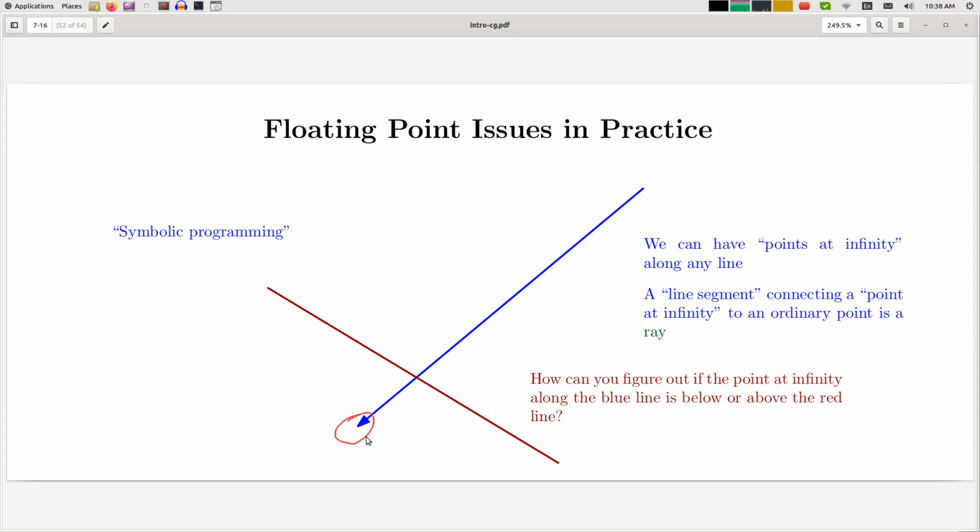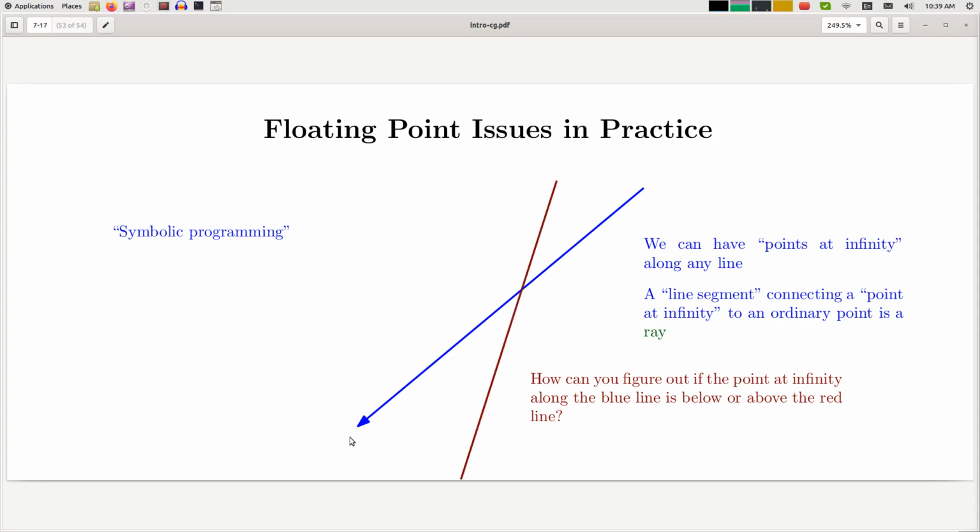How do I do this? Just pause the video and think about it for a second. And this is a hint. So in this case, the point at infinity is above. In this case, the point at infinity is below. If you thought about this, you realize that you can do this by just comparing the slopes. So by comparing the slopes of the red and blue lines, I could decide whether this point at infinity is below or above the red line.